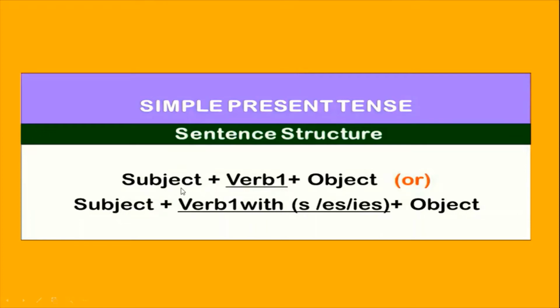Can you see them? Subject plus verb 1 plus object. When I say verb 1, I mean the verb in the base form, for example sleep, dig, act, read, write. Those we call base form verbs. Here we have the second structure, which is subject plus verb 1 with s, es, or ies plus object.